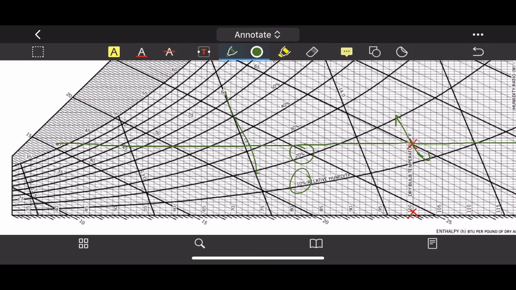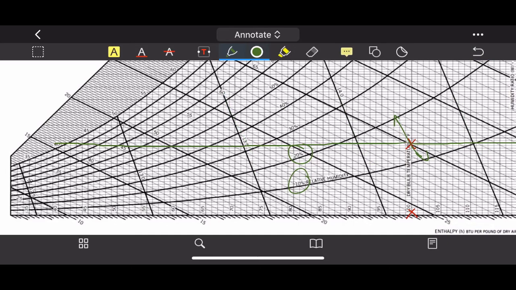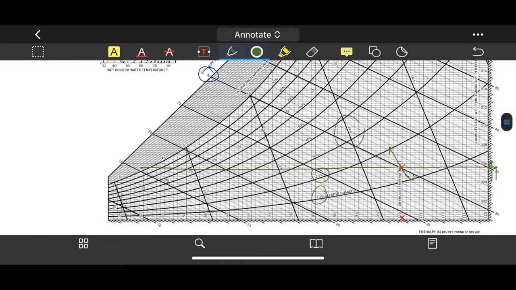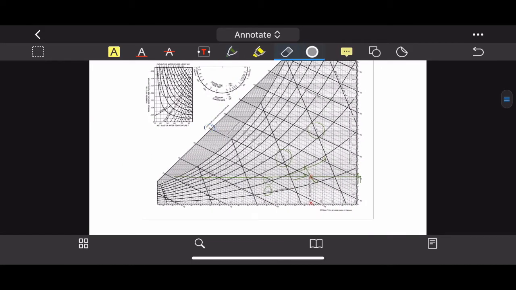That line is between 14 and 14.5, and you use your ruler again from this distance to this distance. What is the difference between those two? And the answer on your answer script there is 14.22 cubic feet per pound of dry air. Alright, that is how you find it using the psychrometric chart.